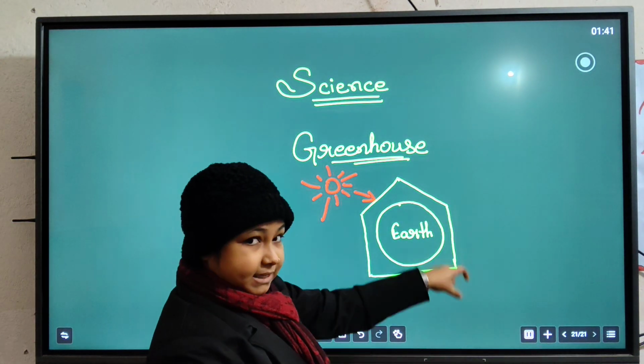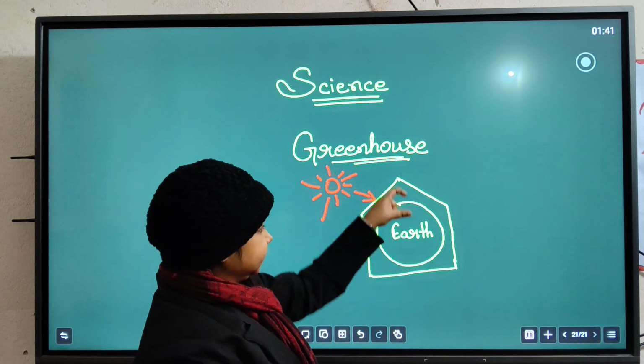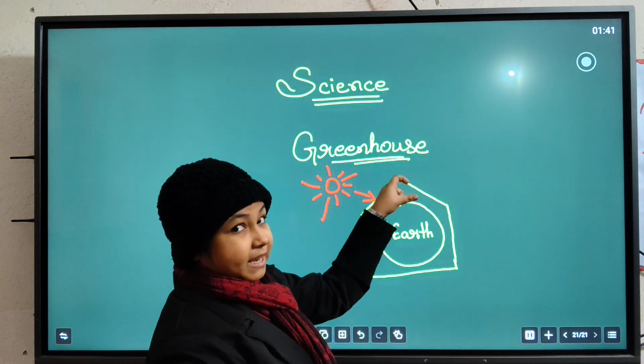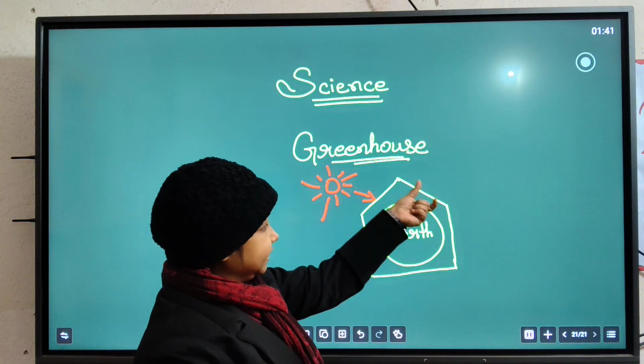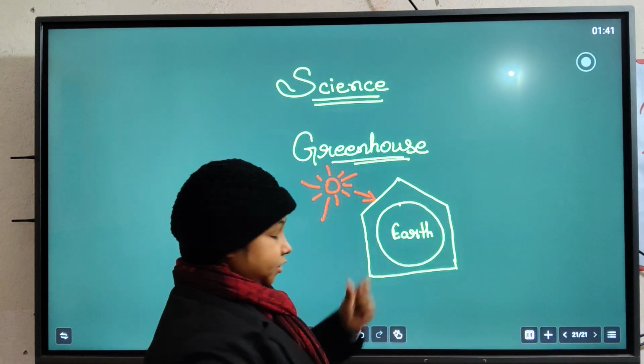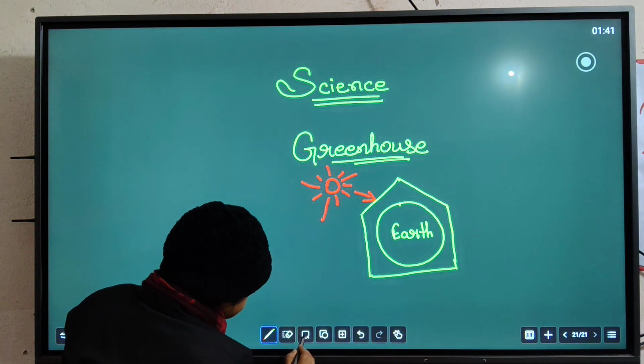This glass structure is the atmosphere, layers of air that protect the earth from the outer climate.